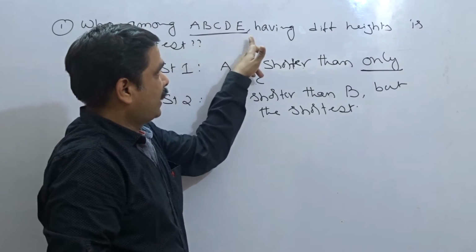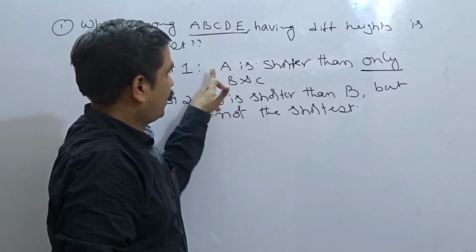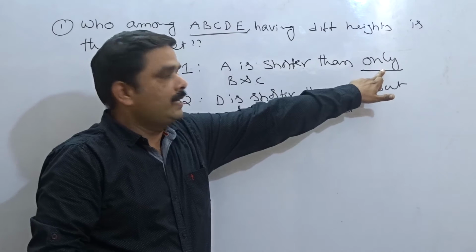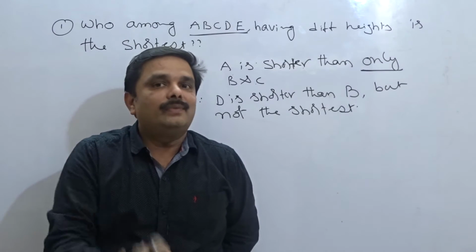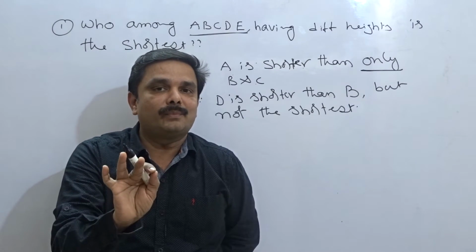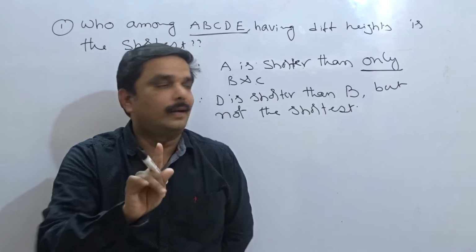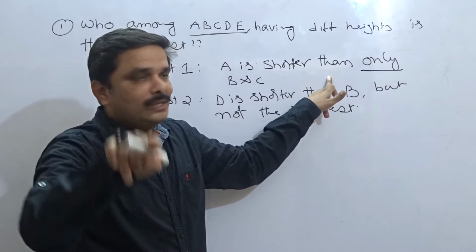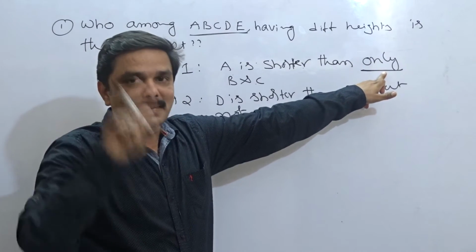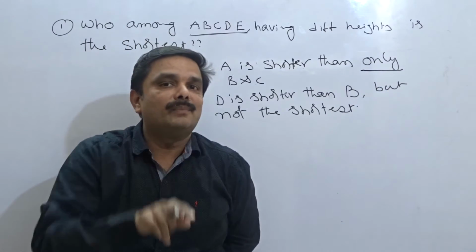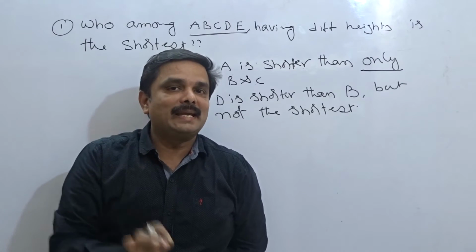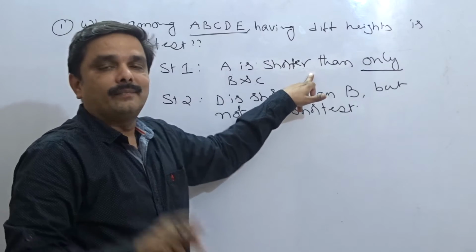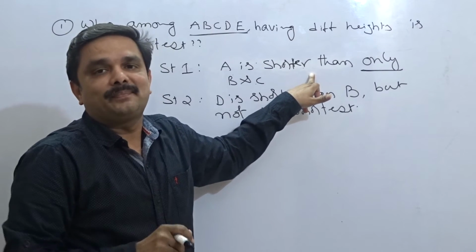When there are 5 candidates and they talked about A, B, C, if this word only is not there in the statement, they have not given any information either directly or indirectly about D and E. When they use the word only, that means that they have given information. The implied meaning is they talked about the rest of the 2 candidates, that is D and E there.